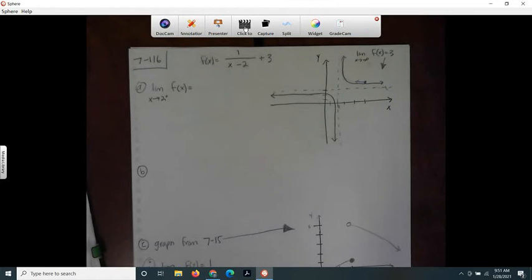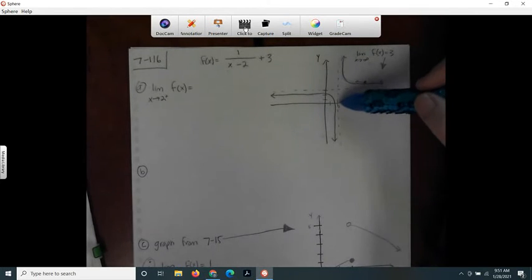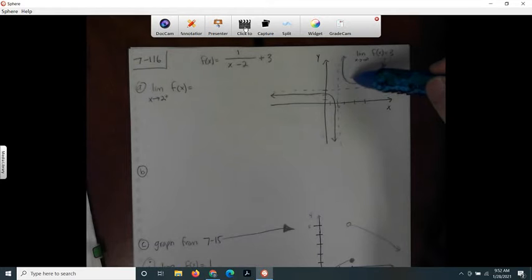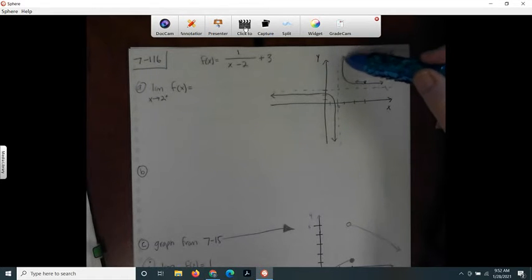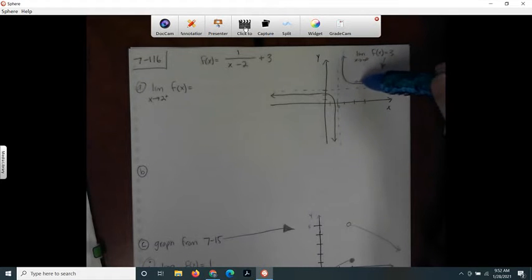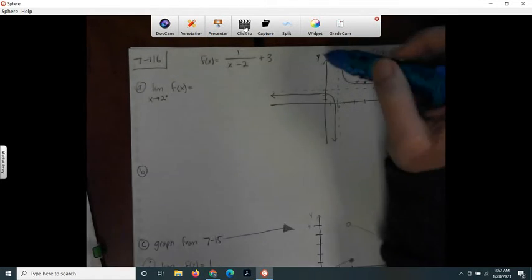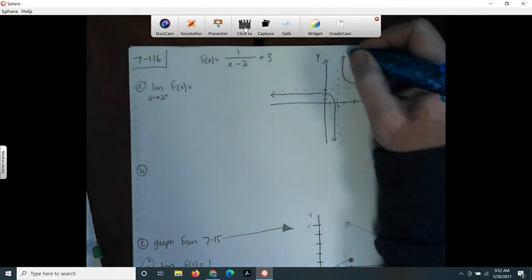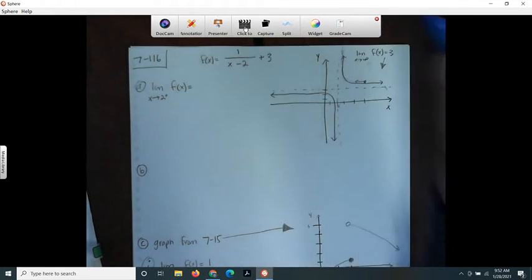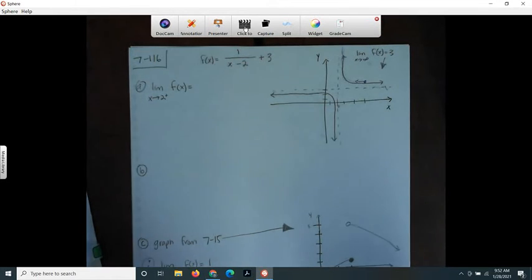I could go 2.001 or something, and I'm going to get a number very close to infinity, actually, because if she's a bug and she keeps trying to get closer and closer, this curve is going to get closer and closer to the asymptote. So if I answer the question, where does she think she's going? She thinks she's going to positive infinity.